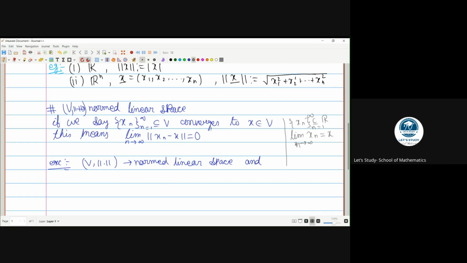It is the definition of convergence of a sequence in real numbers. In other words, we can also write it this way: the limit as n tends to infinity of mod of xn minus x equals 0. We can also say this, right?